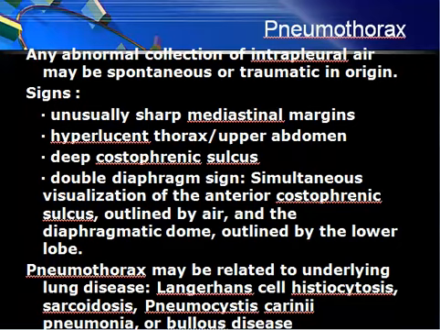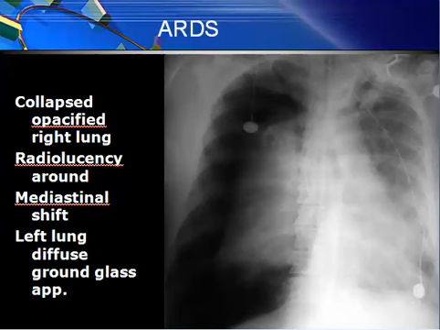Pneumothorax may be related to abscess, histiocytosis, sarcoidosis, Pneumocystis carinii, pneumonias, or Colles disease. Any of these can cause pneumothorax, and we have just seen cases of tension pneumothorax and a case of tension pneumothorax in ARDS, acute adult respiratory distress syndrome.